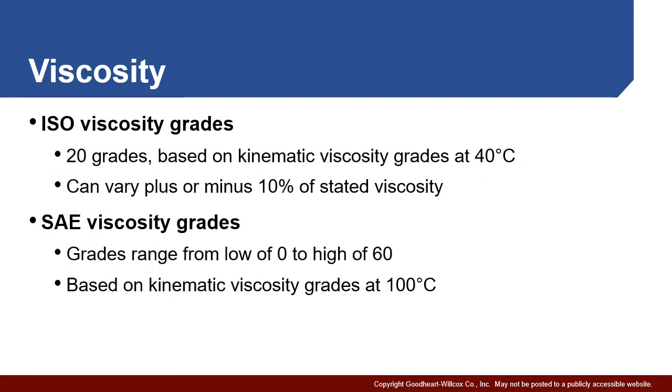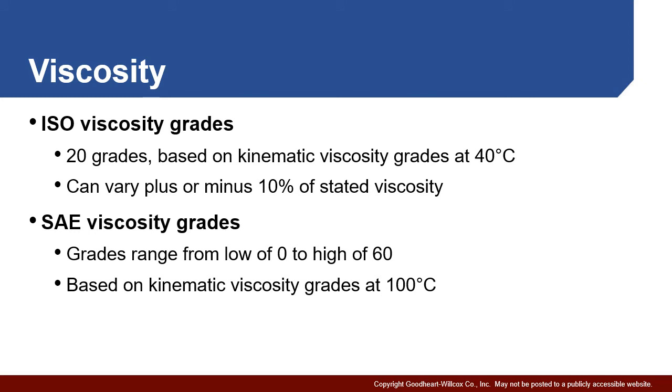The good news is you're rarely going to have to measure viscosity unless you work for an oil company. In most hydraulic situations, you'll be purchasing oils based on a standard viscosity grade. There's actually two different standards organizations that provide these. This includes ISO, the International Standards Organization, and SAE, the Society of Automotive Engineers.